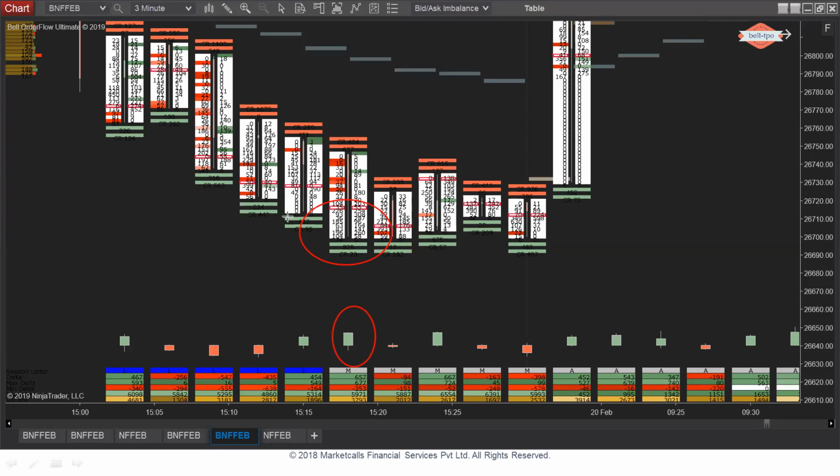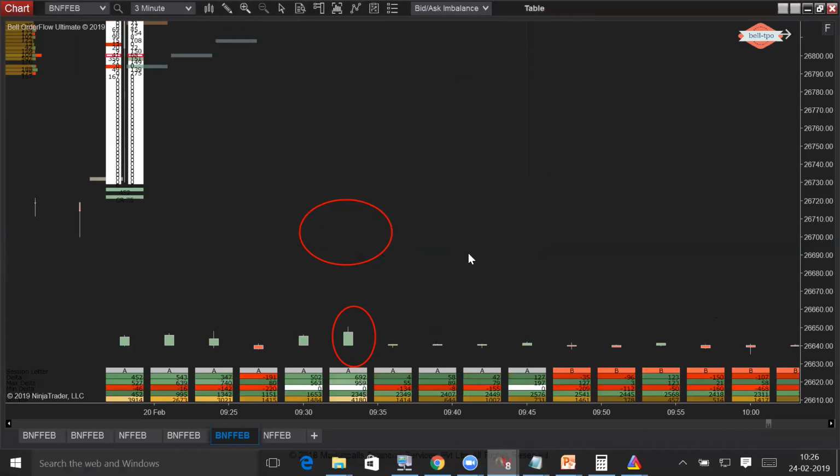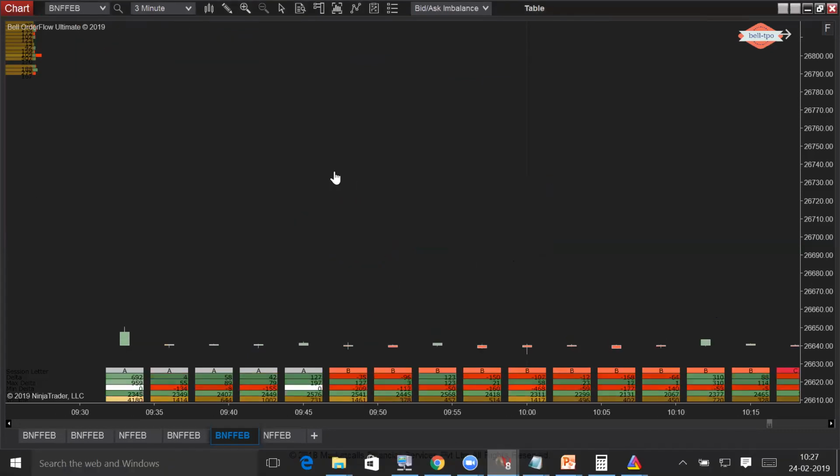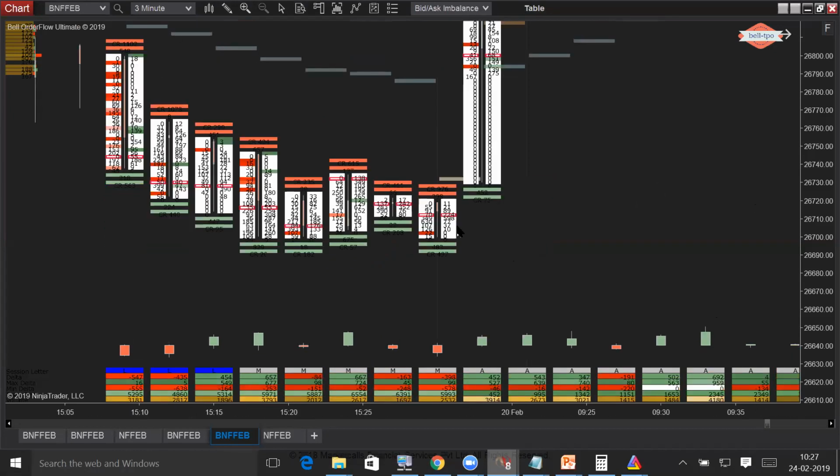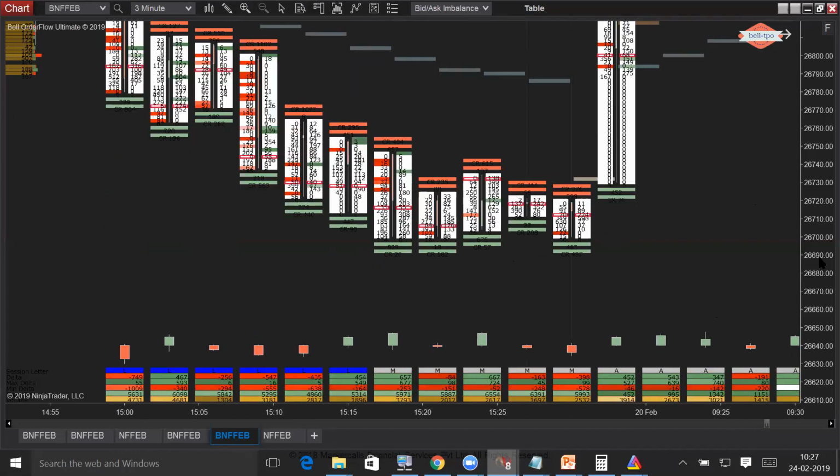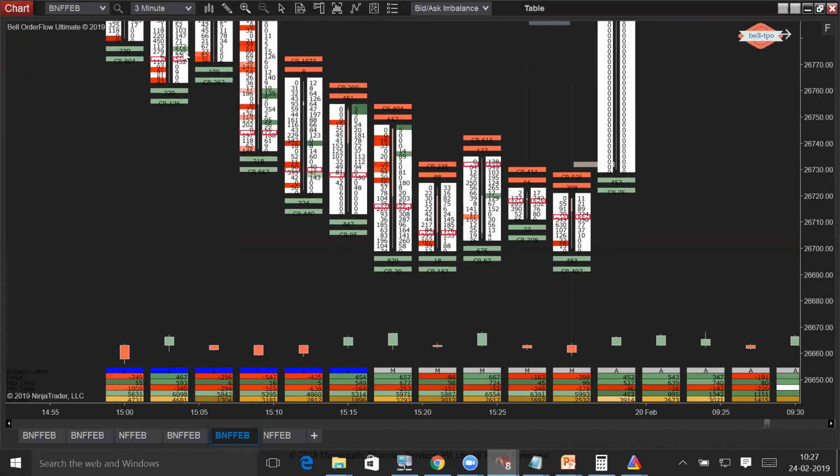The other one is the 22nd at 12:30, right? So maybe I take a snapshot and post it in Slack. I'll mark this as a delta divergence.